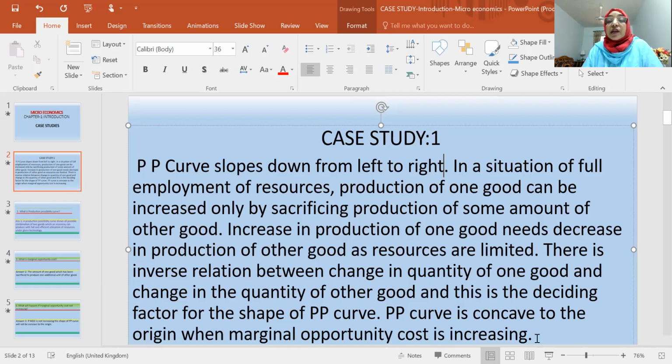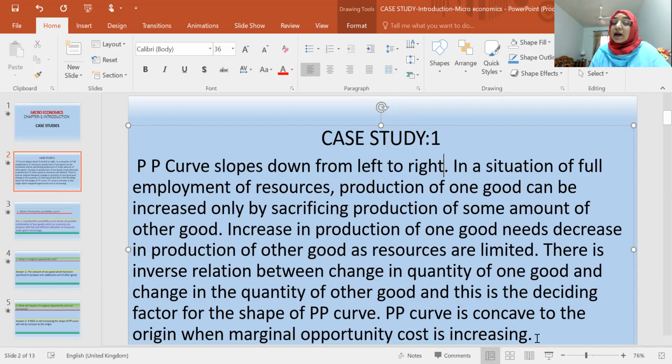We are talking about only two goods. The PP curve reflects production of two goods only, not other goods. It can be one of the limitations of the PP curve, which we are not going to discuss here. We are going to discuss the PP curve and other concepts based on it.